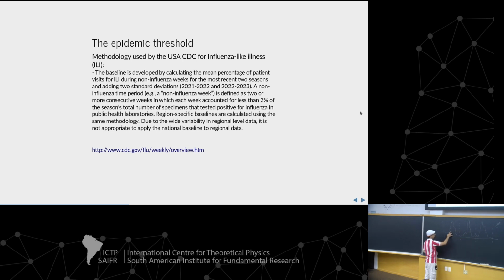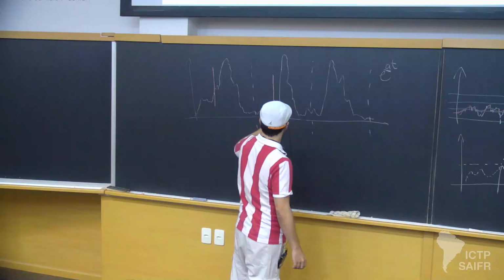At each season, I will look at when the number of cases is above a certain percentage of the total number of cases within that season. Okay, with this step, of course, it can vary from season to season.